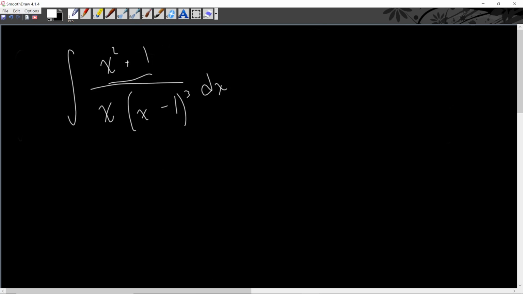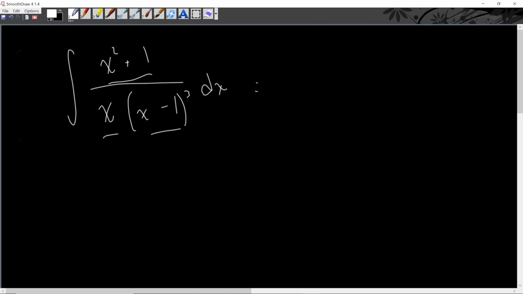Now, x squared plus 1 and x minus 1 have nothing in common. You can't factor x squared plus 1, and even if you could, you cannot cancel it out with x minus 1 cubed. And you can also not cancel it out with x. So from here, we're going to have to do partial fraction decomposition.